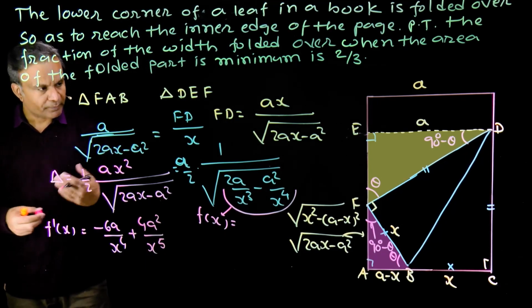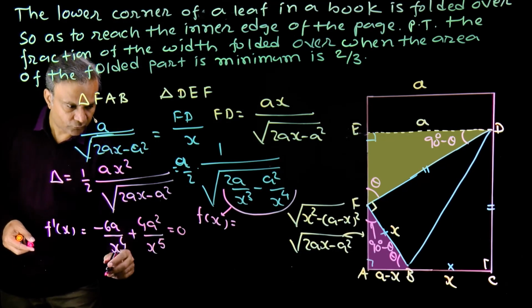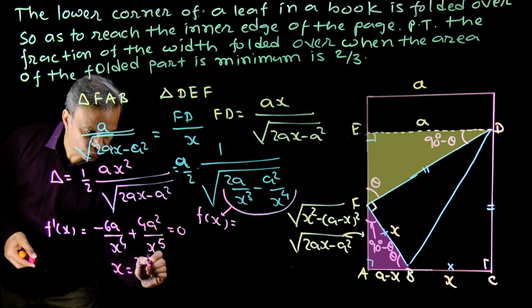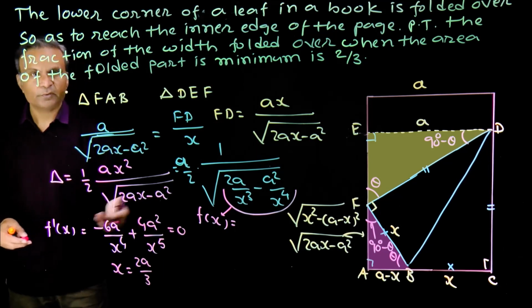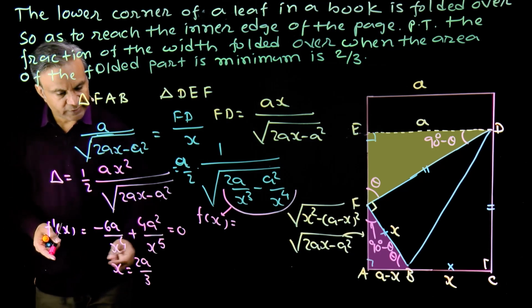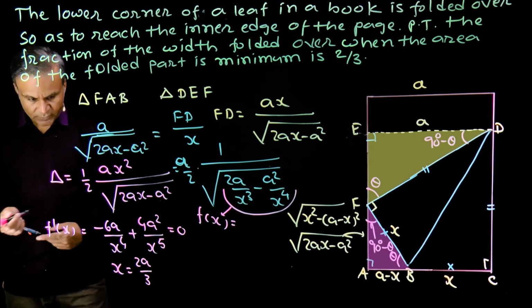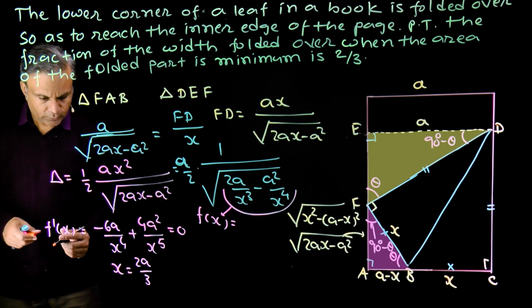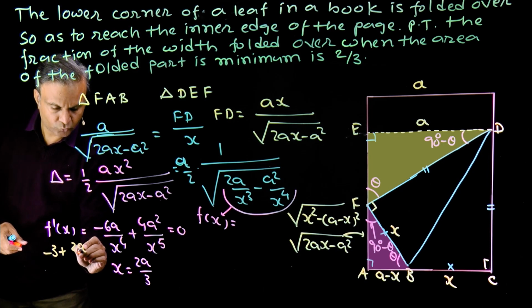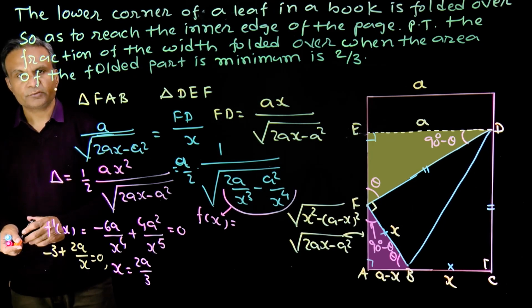For maximum or minimum we equate the derivative to 0, and from this we will get x equal to 2a upon 3. Simplify: x to the power 4 gets cancelled out, a gets cancelled out, so we will get minus 3 plus 2a over x is equal to 0. From this we get x is equal to 2a upon 3.